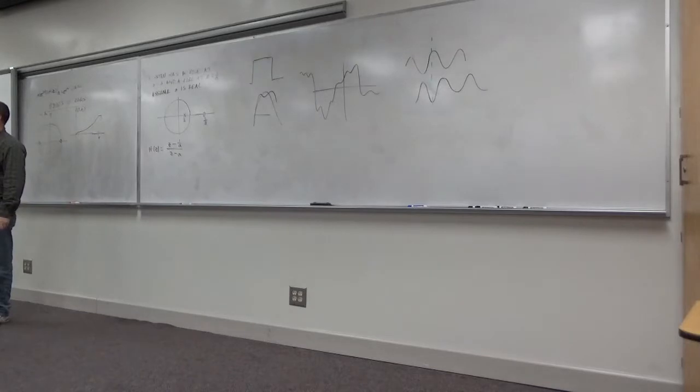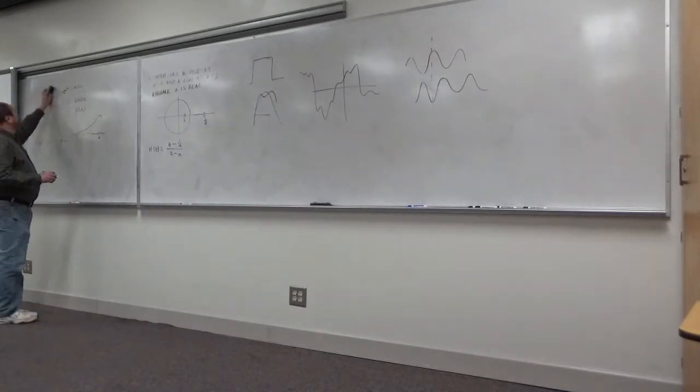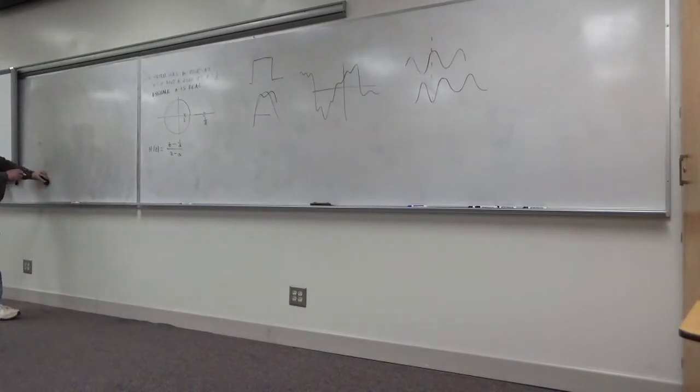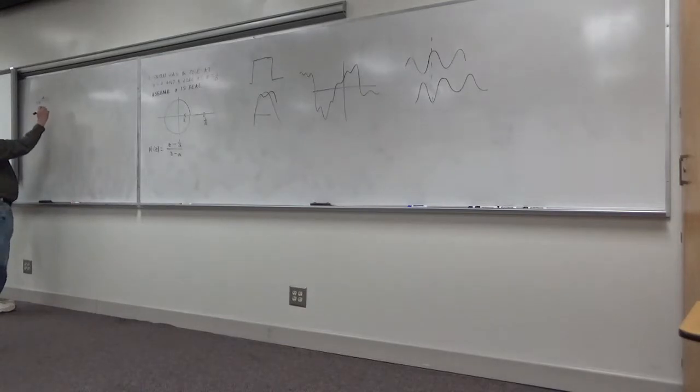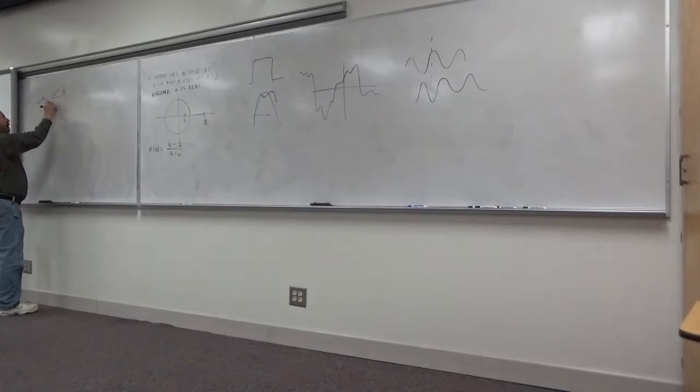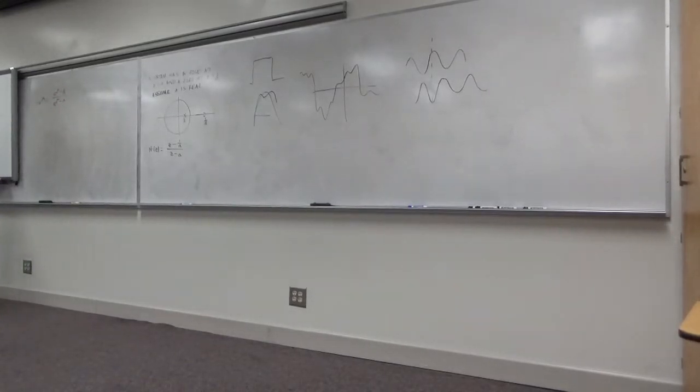Agreed? All right. So I'm going to talk about the frequency response. And before I start, I warn you it's going to be several steps of algebra to get to where I want. H of e to the j omega is e to the j omega minus 1 over a over e to the j omega minus a. Right? Is that what frequency response means? Plug in e to the j omega for z. Okay. What about gain?